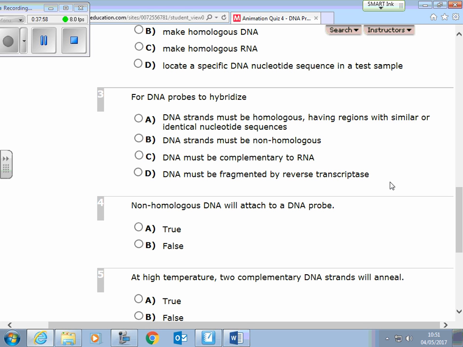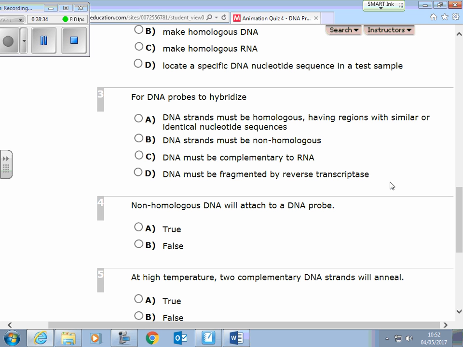DNA must be fragmented by reverse transcriptase. Remember they've got to match. So just final answer, it's A.